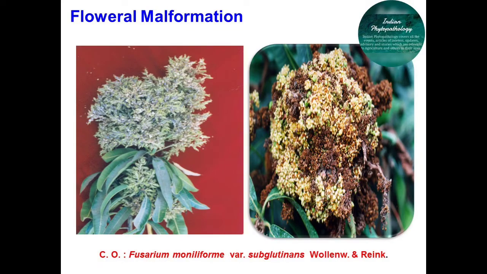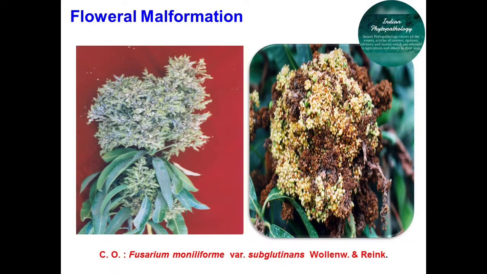Now we will see the management of mango malformation. For management, we have to avoid infected propagating material, and we have to avoid scions and stocks from infected plants. That means stocks and scions obtained from mother orchards should be free from the disease.